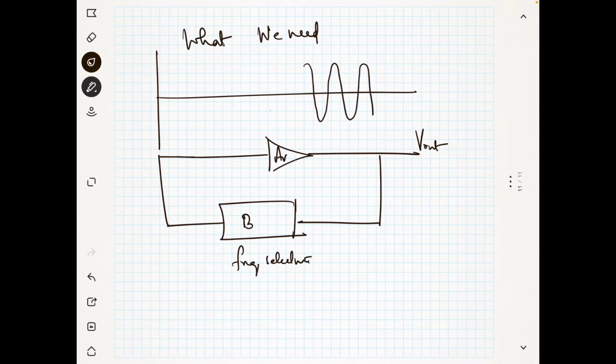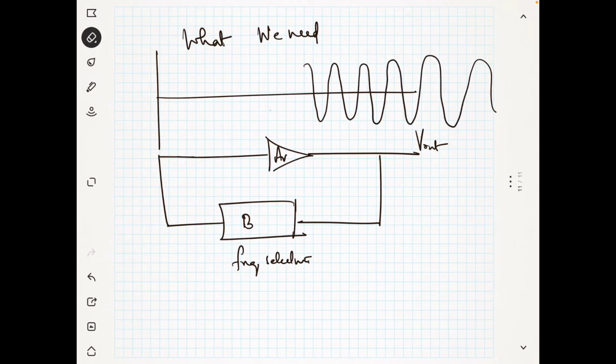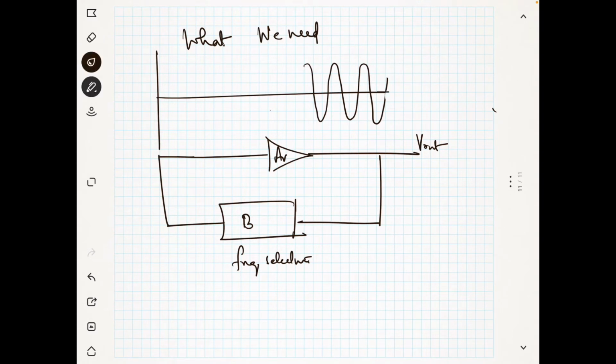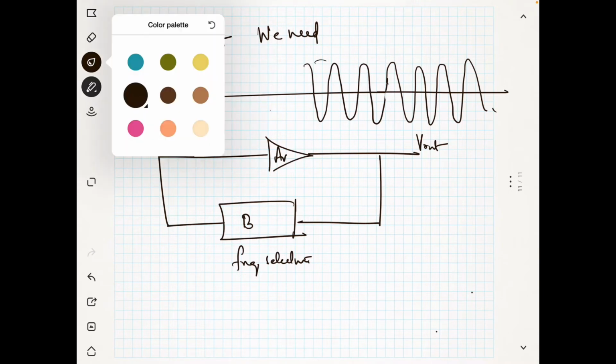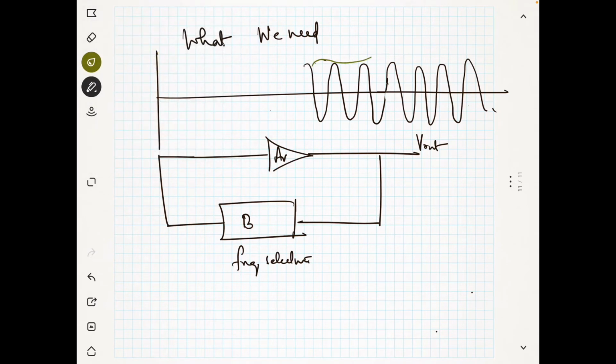This is the output we need. But at these points my gain should not change. That means total gain Av into B should be equal to 1.